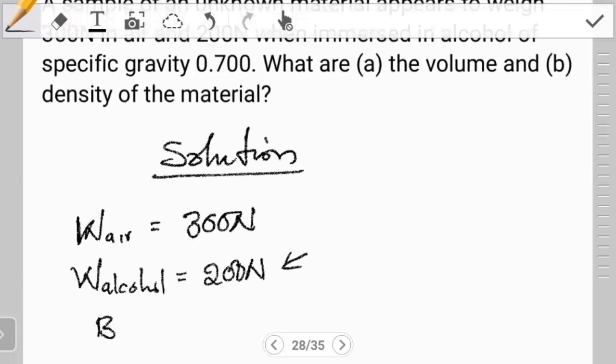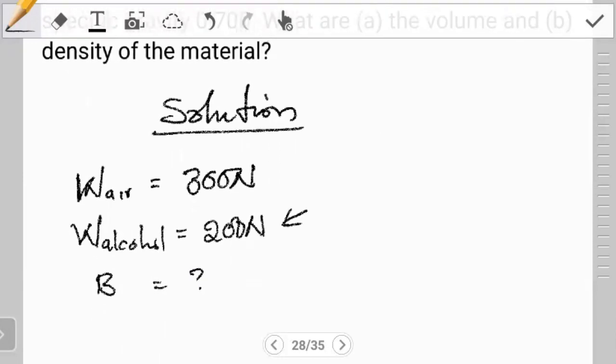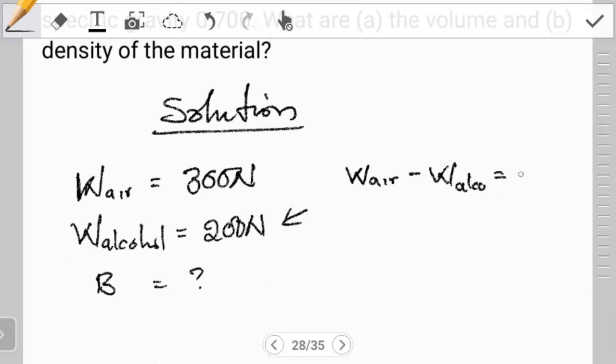Okay, now what's the relationship between these three factors? Well, the equation we derived: the weight in air minus the weight in alcohol, which is just the apparent weight, if you guys recall, this is what gave us the buoyant force. Okay, let's make sure this is the right equation.